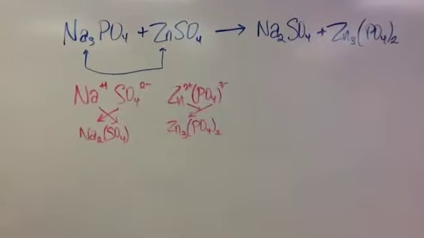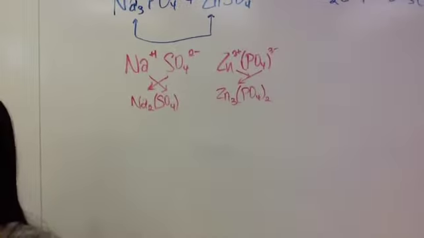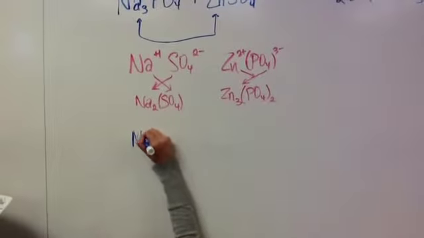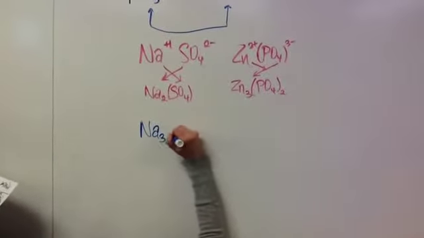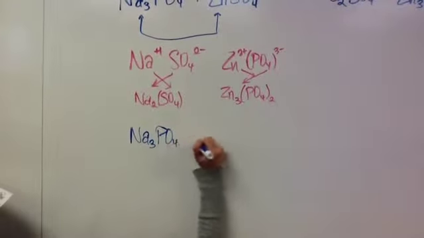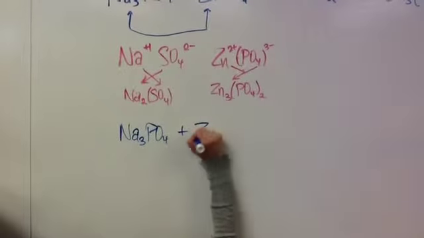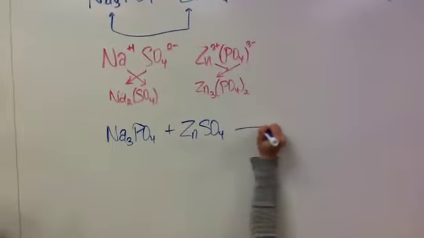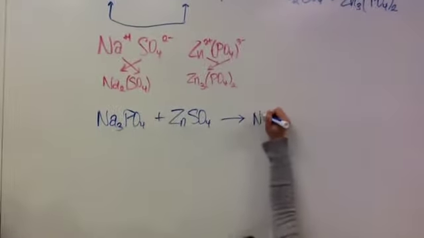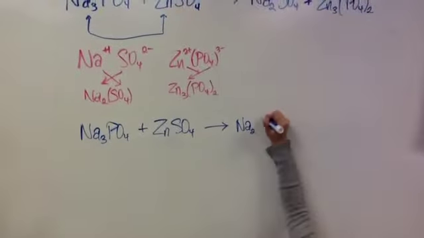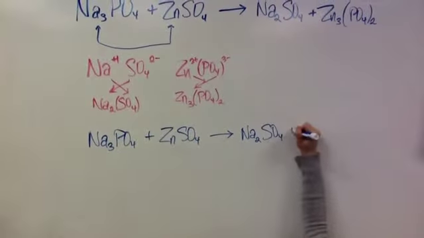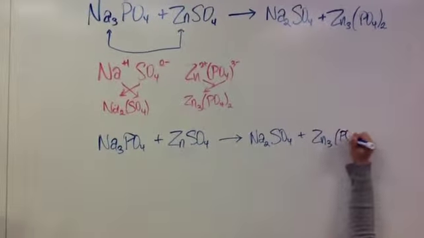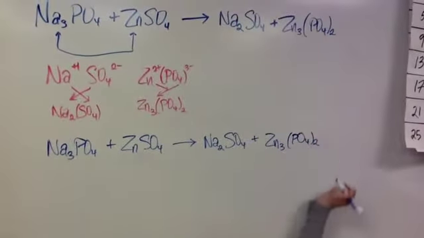So now we have Na3PO4 plus ZnSO4, which yields to Na2SO4 plus Zn3(PO4)2.